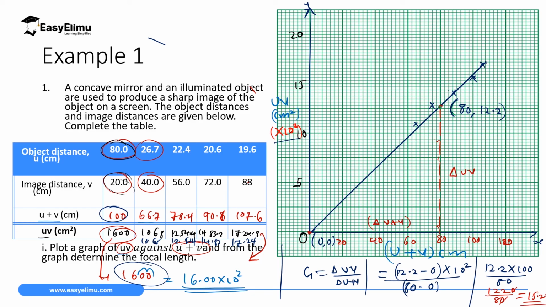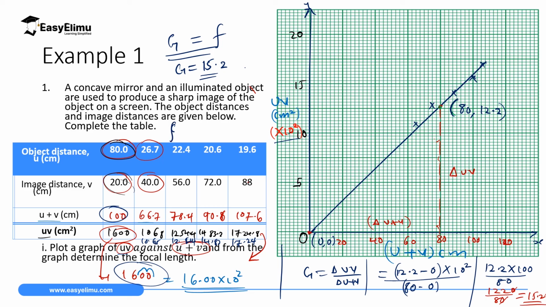Now, remember what we said from this graph, the gradient is going to represent, let me write G as a capital. So the gradient in this graph is going to represent the focal length. So since we have got the gradient as 15.2, therefore it means the focal length of this graph, the one that we have been asked to find, is 15.2.